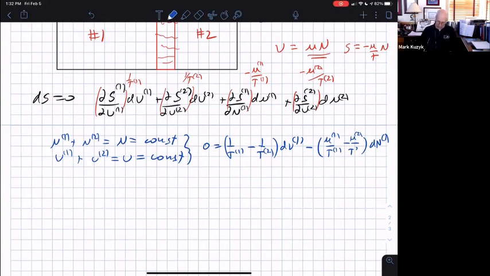Good. All right, and so again, because these two terms are independent, this has to be equal to 0, and this has to be equal to 0.